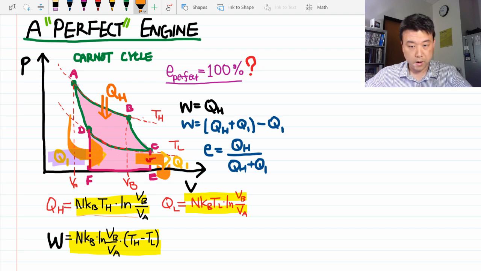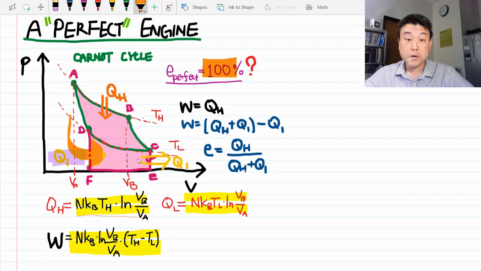If you really want a 100% efficient engine, then this is what you need. Instead of this heat here being released into a lower temperature reservoir, you need to be able to release this heat into TL. Then these two Q1s will now truly cancel. They are truly equivalent to each other.